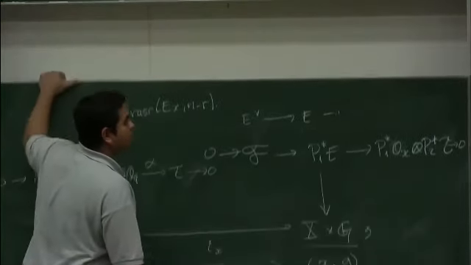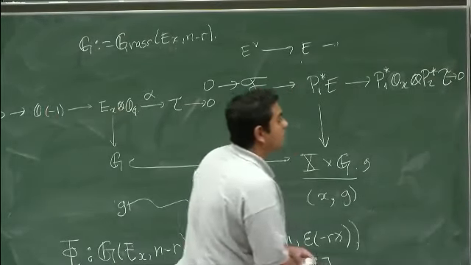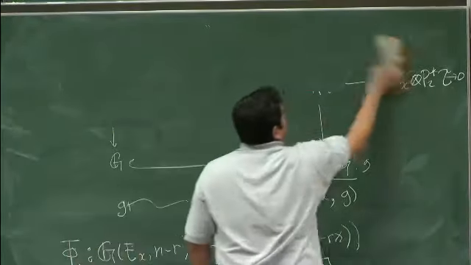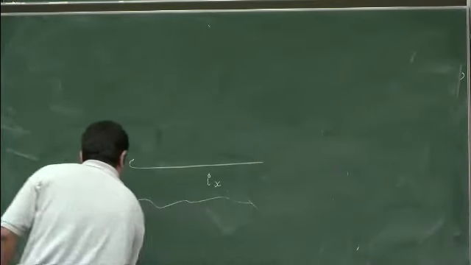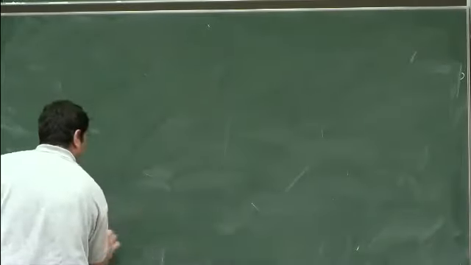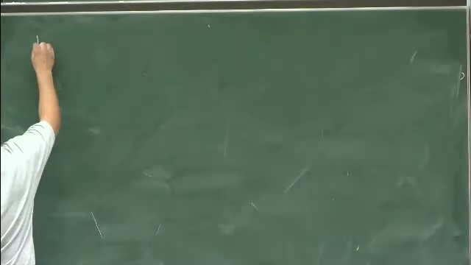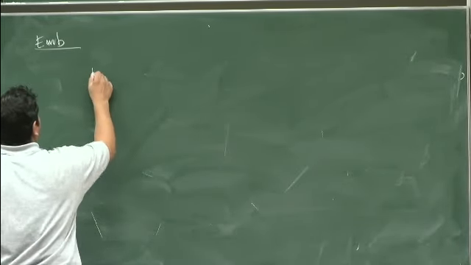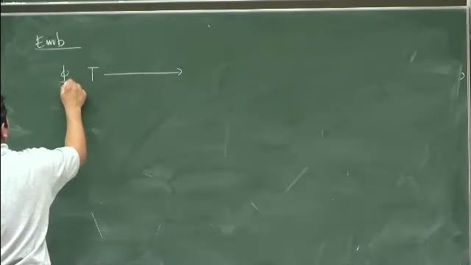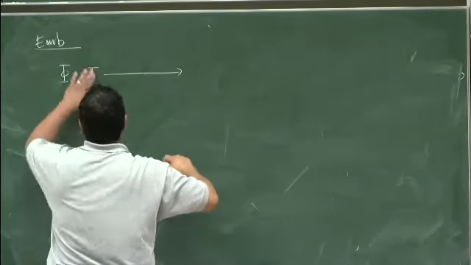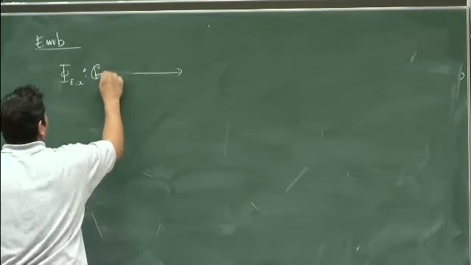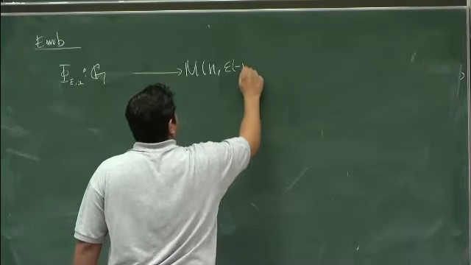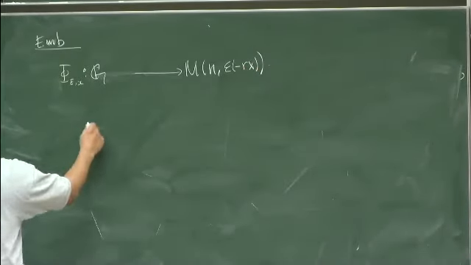Yes. Now, to show that the morphism is an embedding, we need to show that if I have phi from X to the Grassmannian G, the moduli space, then I take the tangent.